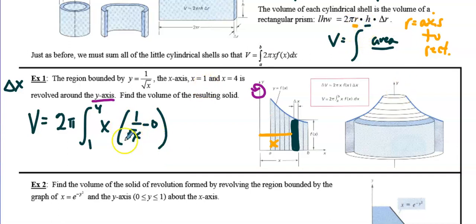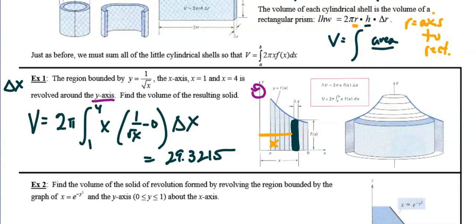There's no squaring in the shell method. And then our delta x is going to be the width. How thick is this shell going to be? And so that is it. And then you use your calculator for this problem, and you get 29.3215.